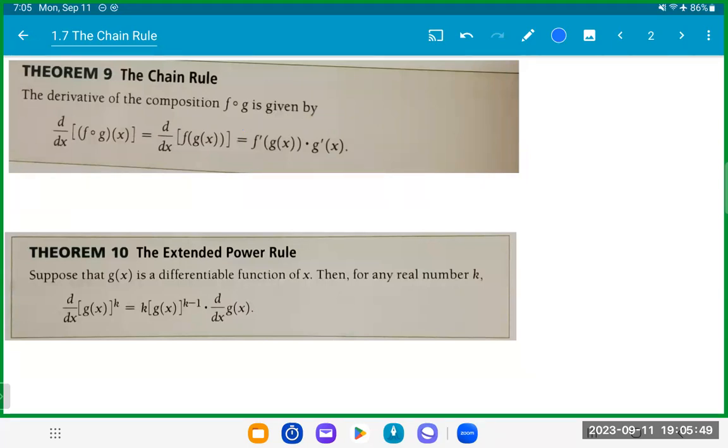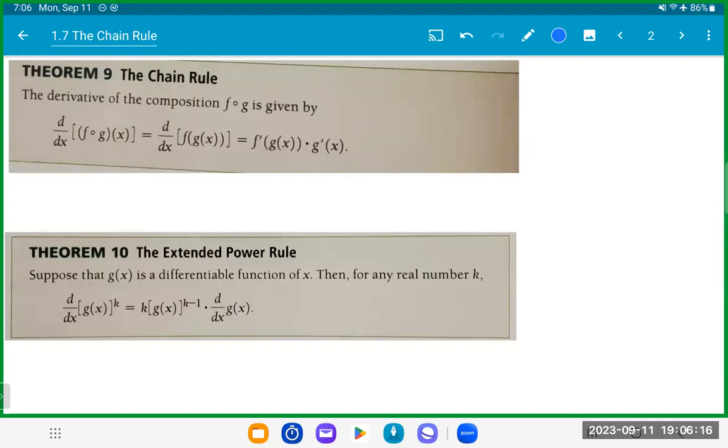Similarly, down here, I have this extended power rule. Remember, we used the power rule a couple of sections ago. But what happens if I am looking at a more complex function?